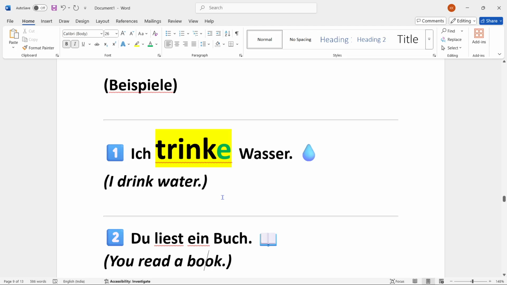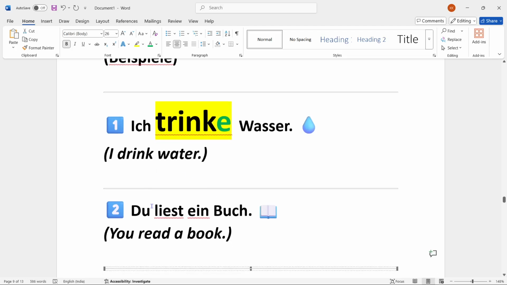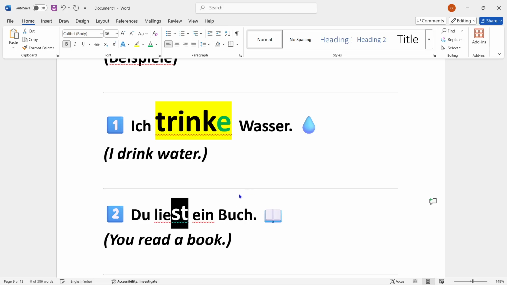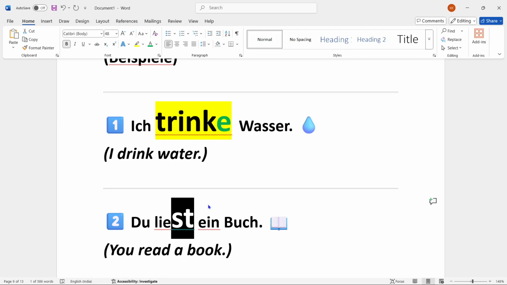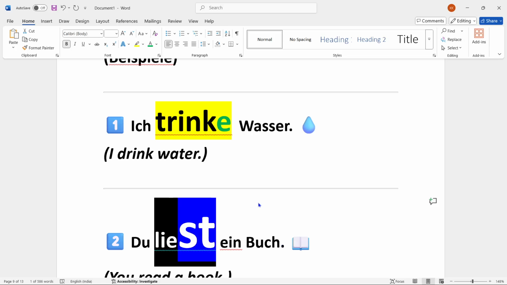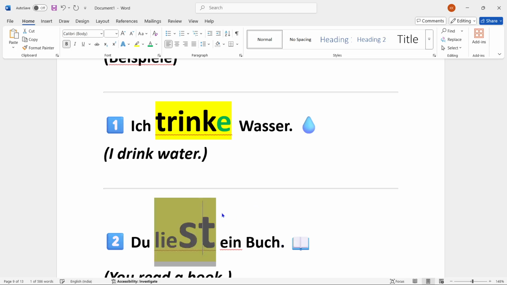Du liest ein Buch. If we are making a sentence with du as a subject, then we need to put the verb at the end. This is a verb. This is our verb. Which verb in this sentence?